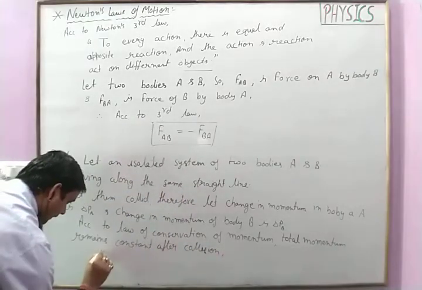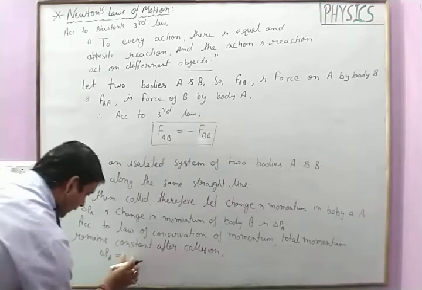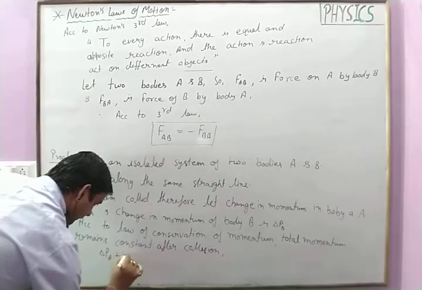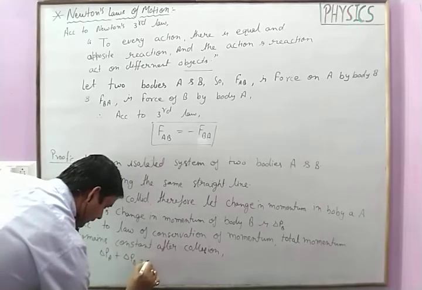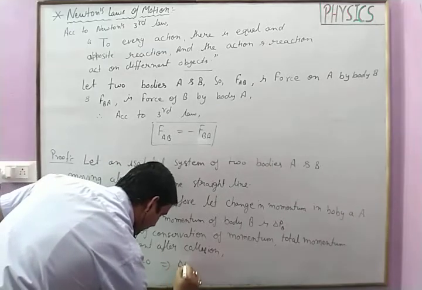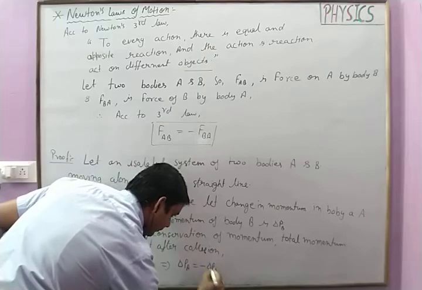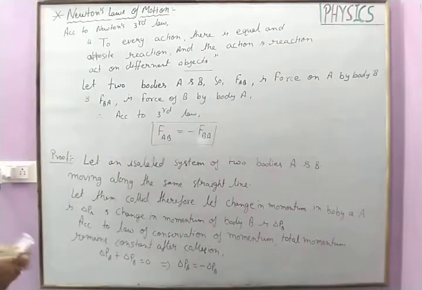Therefore, del PA plus del PB is equal to 0. Then we get from here del PA equal to minus del PB.